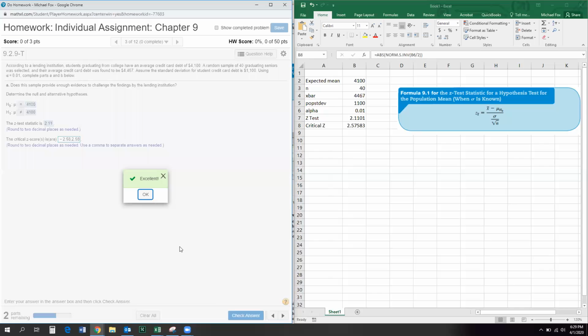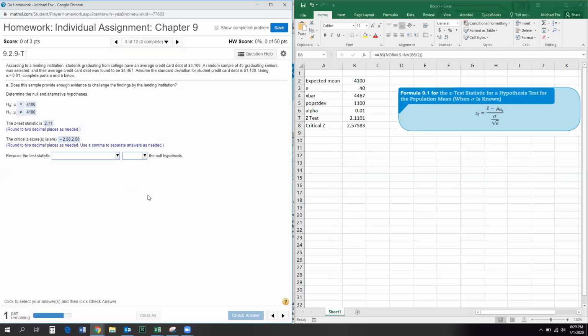So these critical z-scores represent, given our alpha, how far away, remember this is in z, so how many standard deviations away from the mean, plus or minus, we would have to go before we would question whether or not our test statistic was valid. Because our test statistic falls within the critical values, meaning it's not as far away from the mean as the critical scores are, I'm going to have to not reject the null hypothesis.